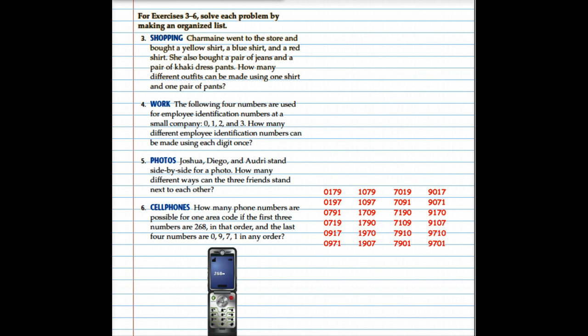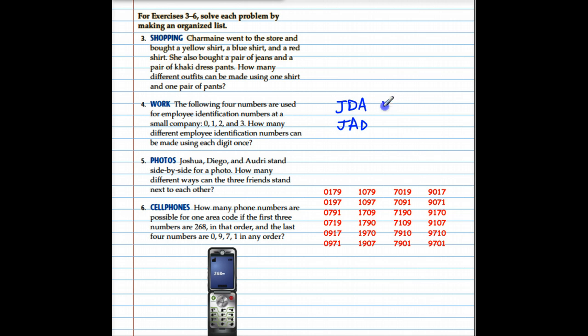Problem number 5. Joshua, Diego, and Audrey stand side by side for a photograph. How many different ways can the 3 friends stand next to each other? So J for Joshua, D for Diego, and A for Audrey. So we're going to do the ones where Joshua is first. We have Joshua, Diego, Audrey, Joshua, Audrey, Diego.